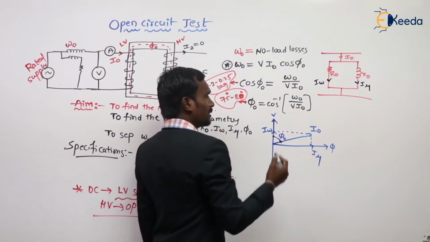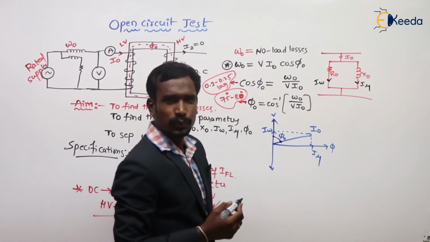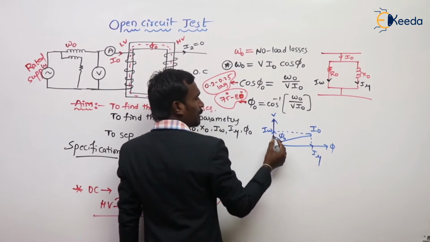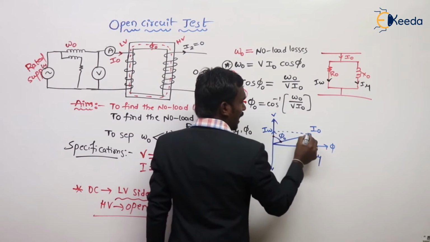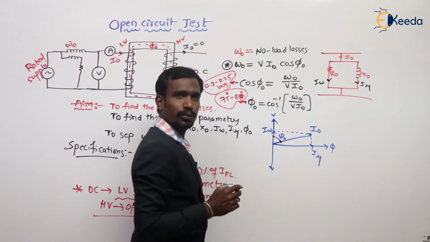This is phi naught. Now calculate IW. I want IW. I know this is the hypotenuse and this is the I mu.